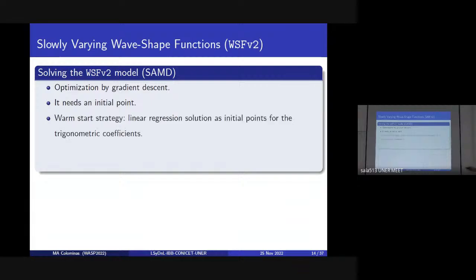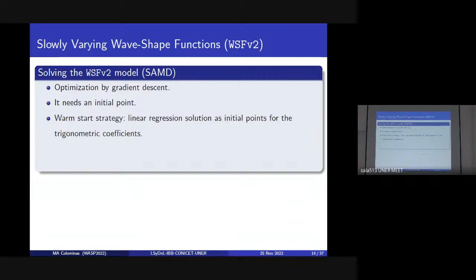And luckily, because the wave shape function does not change that fast, you can use the previous solution as an initial point. You can be sure that that's a warm start, and that the optimum is not far from that point.